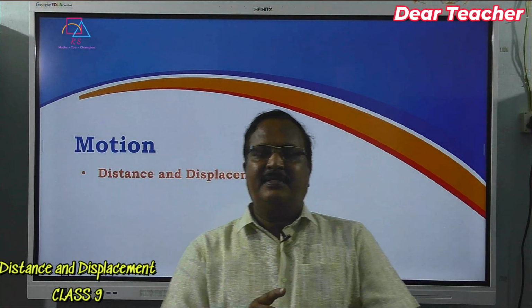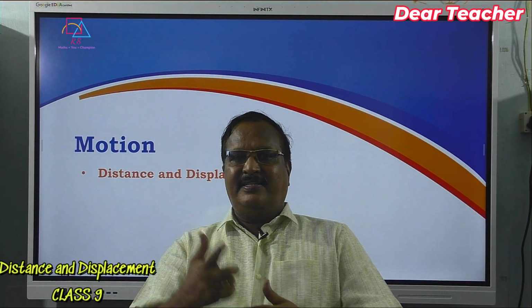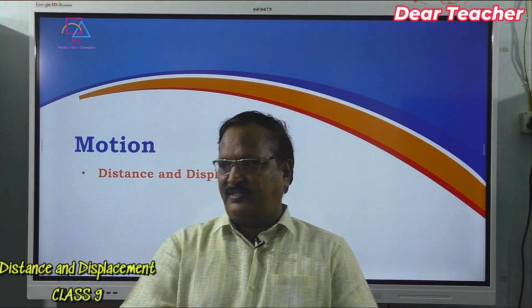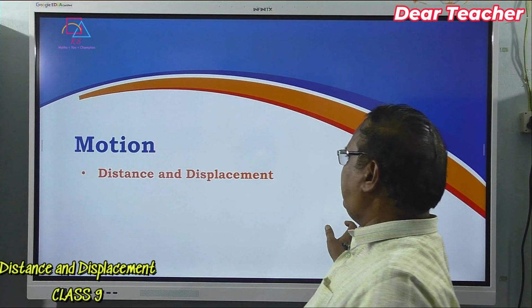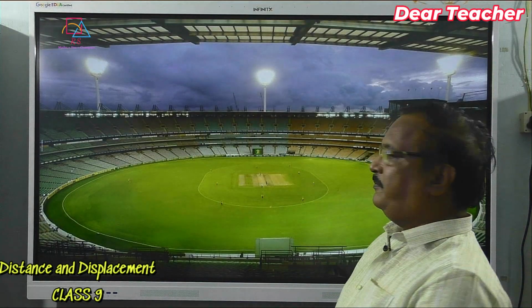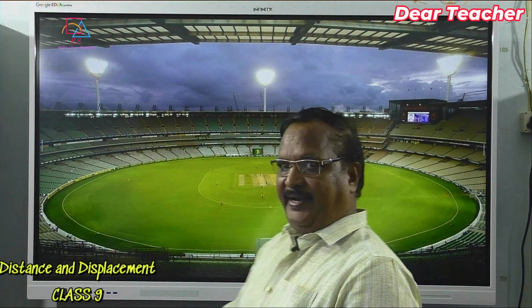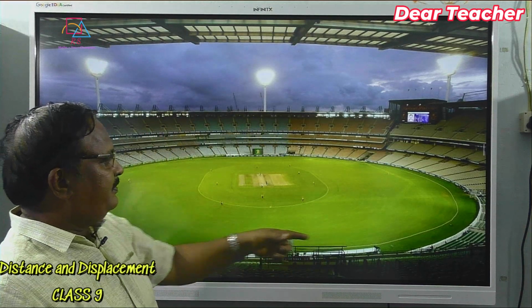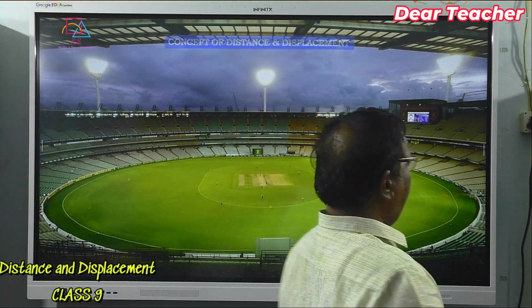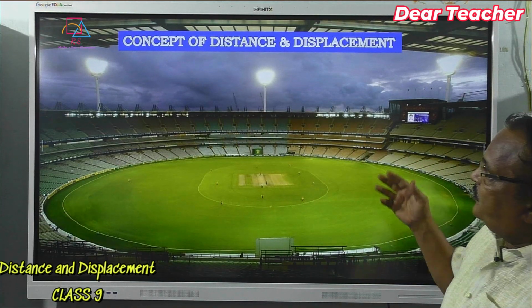I have already given this as an example in scalars and vectors. Now let us understand the difference between distance and displacement. You can see a big stadium, and around the stadium there is a running track.